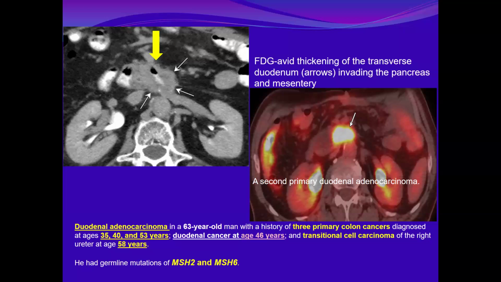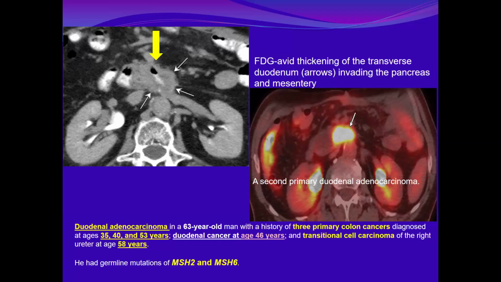He was treated for 3 primary colonic cancers and for duodenal cancer at the age of 46. And now he has a second primary duodenal cancer at the age of 63.